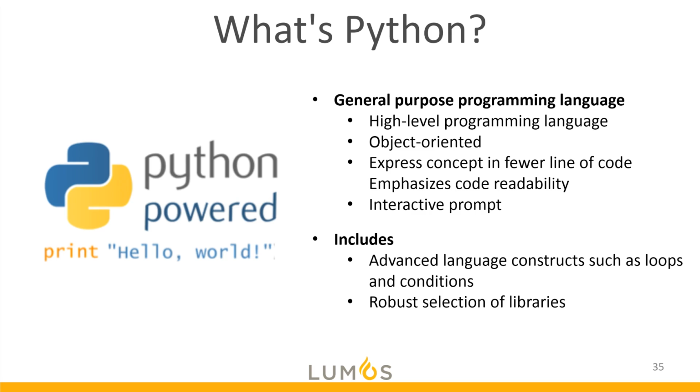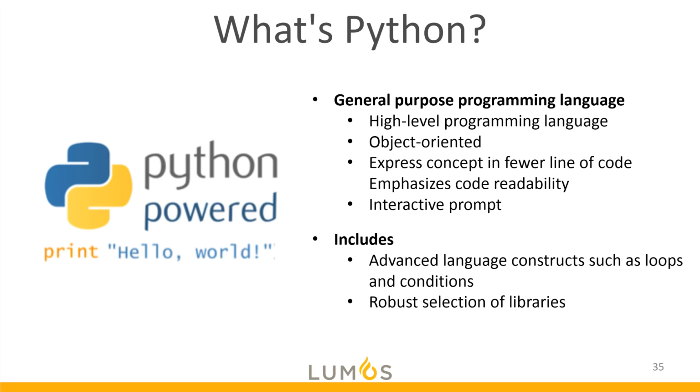It's object-oriented. It expresses the concepts that I want to get across in much fewer lines of code and emphasizes code readability. I would say that Ruby does an even better job of that. And it has the ability to have interactive prompts with the user if we want to. It includes language constructs such as loops, conditions, methods, classes, objects.